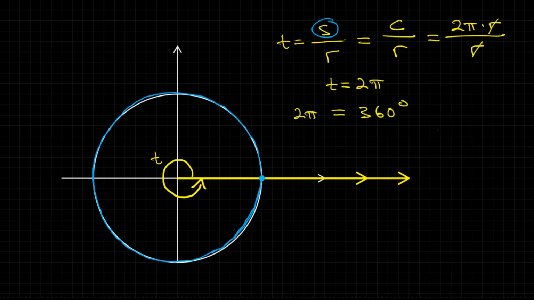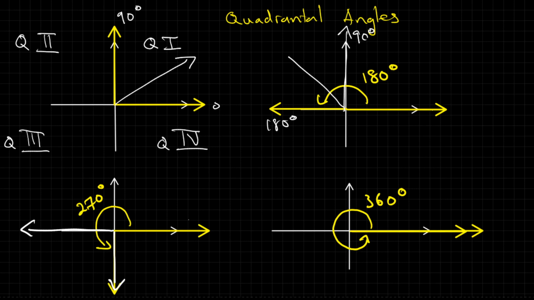And now that we know how many radians it takes to go one full revolution, we can figure out how many radians it takes to go half a revolution, a quarter, and 3/4 of a revolution. So let's go back to our quadrantal angles and write in the radian equivalent of these angles.